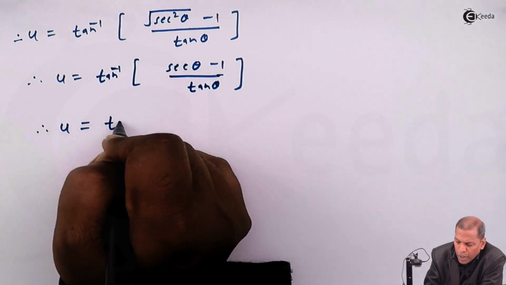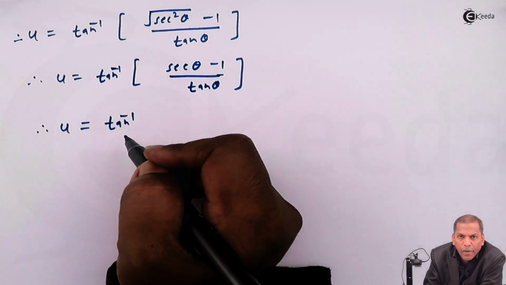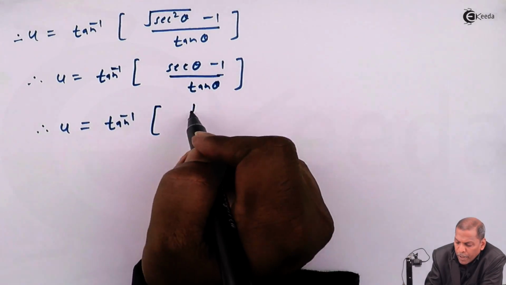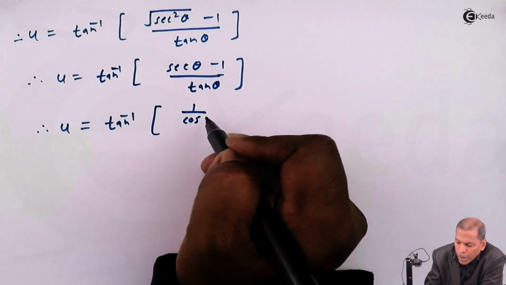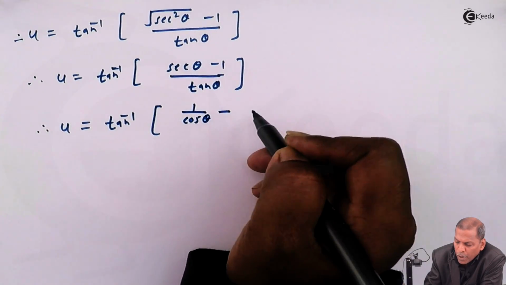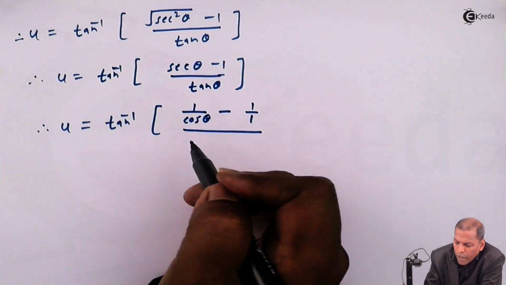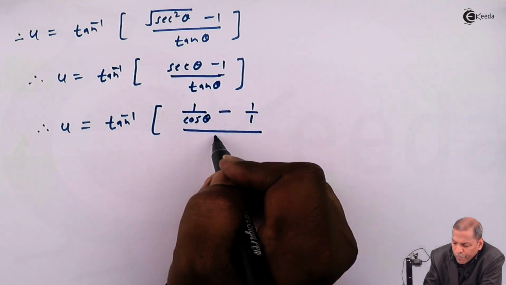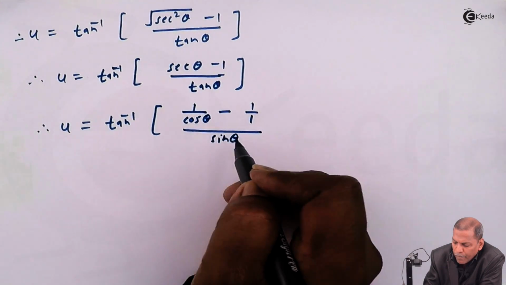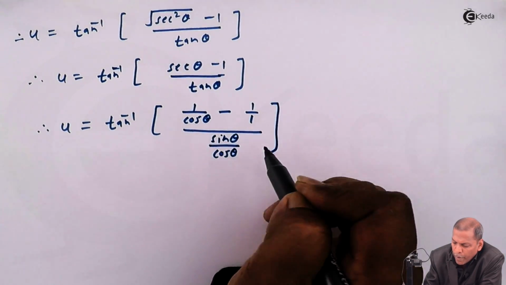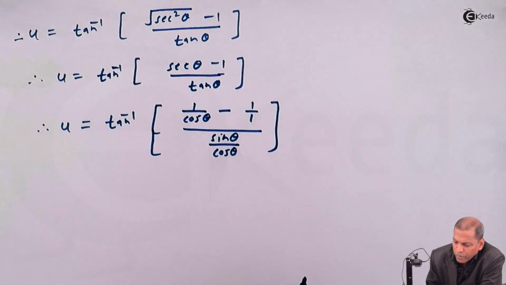So u is equal to tan inverse of, now for sec theta we write 1 upon cos theta, minus 1 can be written as 1 upon 1, whole thing divided by, now for tan theta we write sin theta upon cos theta, and the whole bracket complete.